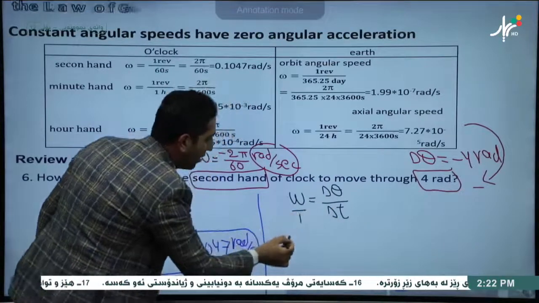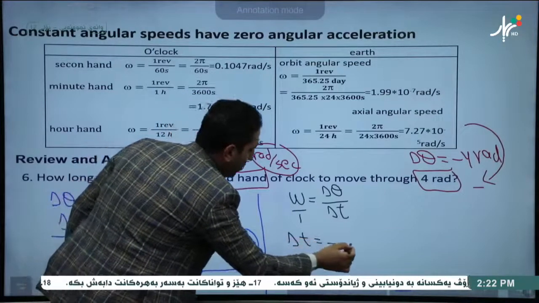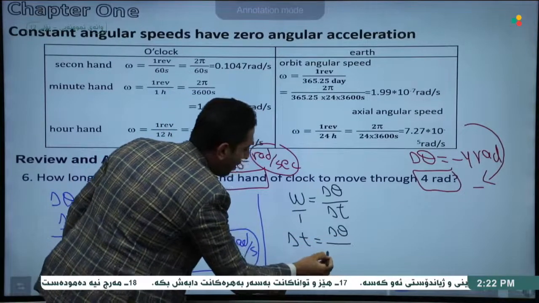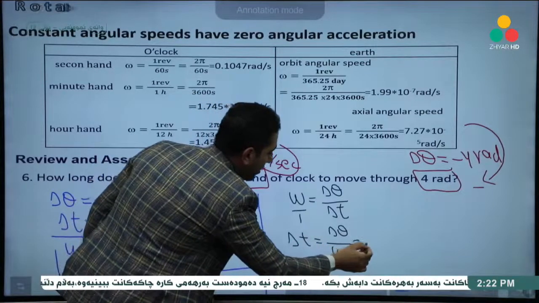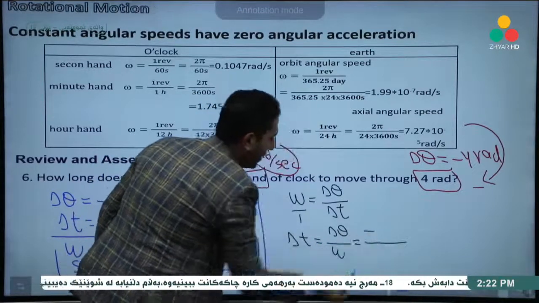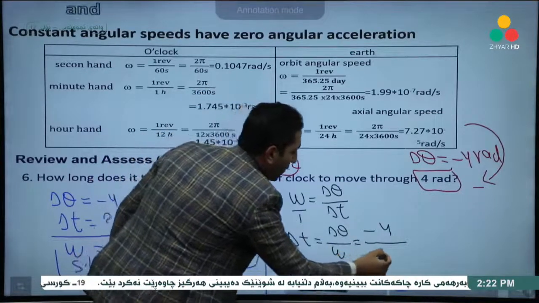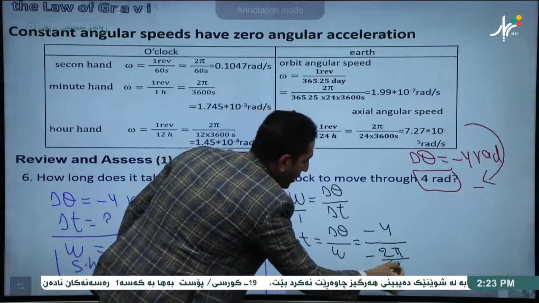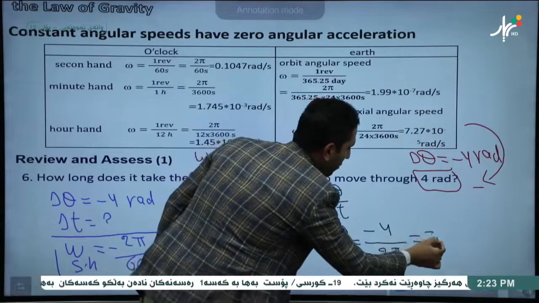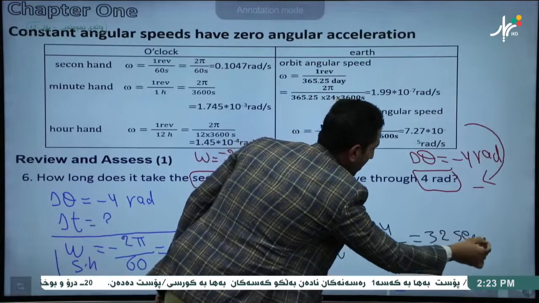Delta t is equal to delta theta over omega, which is equal to negative 4 over negative 2 pi divided by 60, which is equal to 32 seconds.